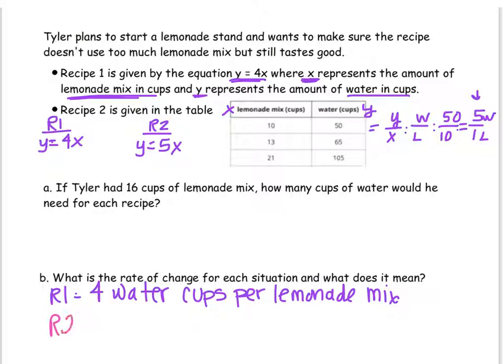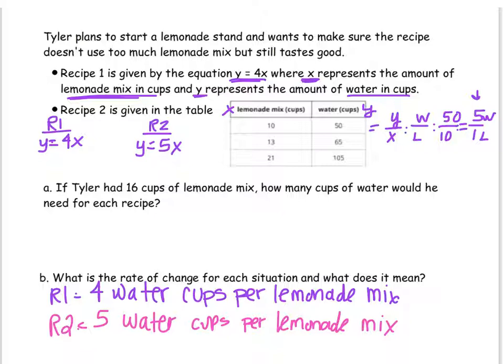Recipe 2 is 5 water cups per lemonade mix. So I know just from writing that, since that one has more water in it, it's not going to be as strong as recipe 1.